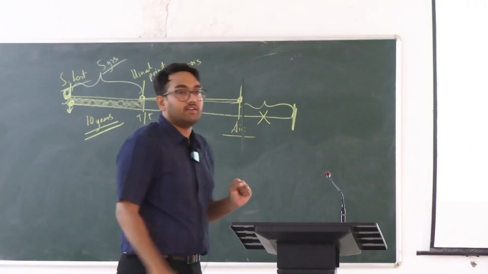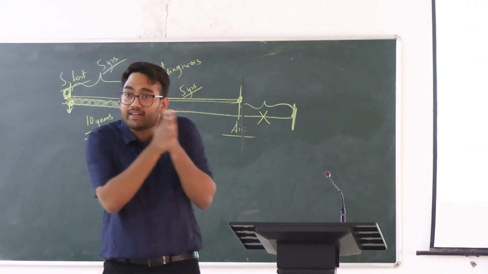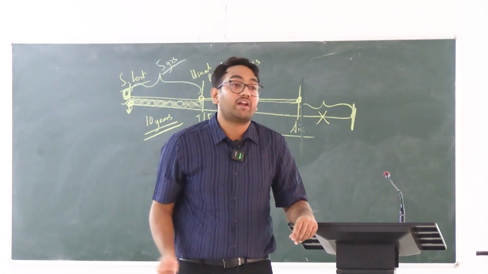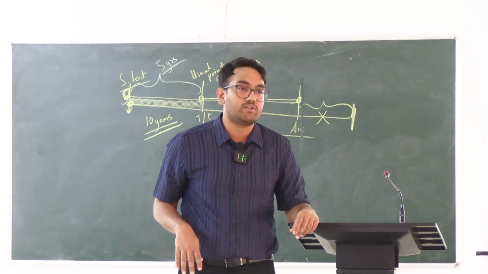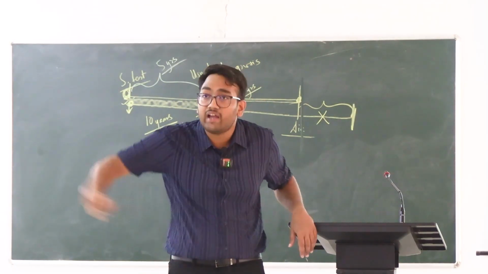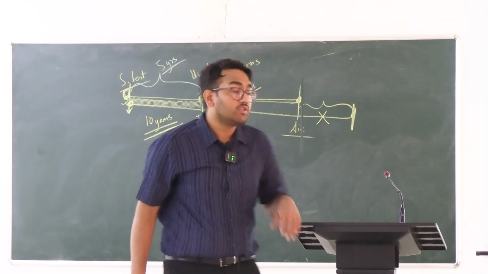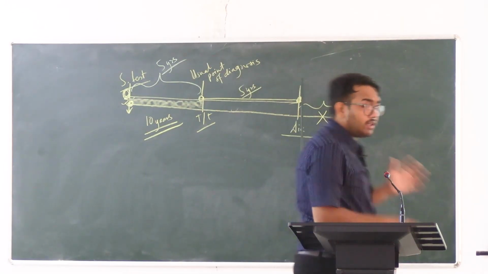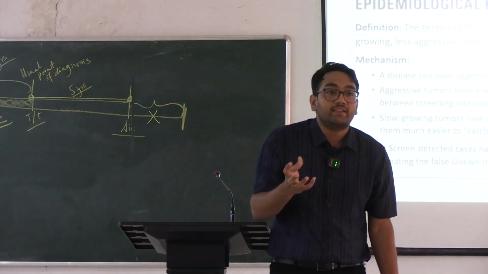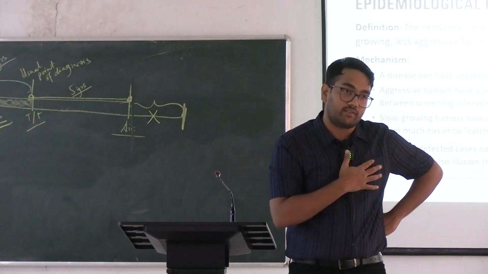So for length bias, think of it again for a cancer. There can be some less aggressive versions of a cancer, the ones which are marker positive, which respond to chemotherapeutic drugs, and there are some very aggressive forms of cancer which have high mutations, high rates of multiplication. So what it says is that if a disease is very aggressive or fast growing, then the detectable preclinical phase for that disease is very short.